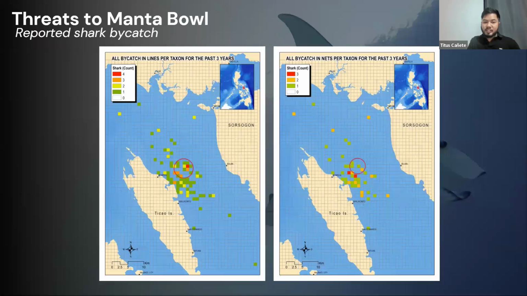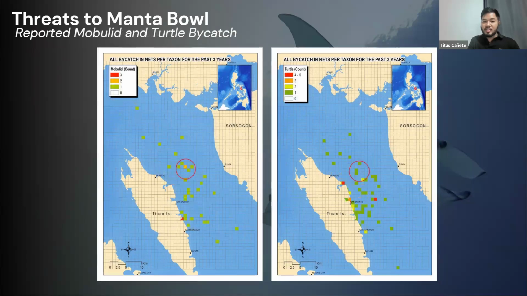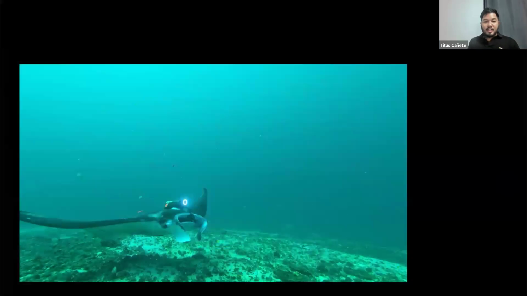And we're still seeing bycatch of sharks and mantas, mobulas in the area. We've recently worked with the National Geographic Science Exploration Lab for their critter cams.